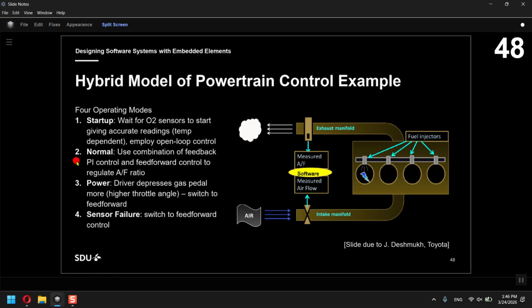So if you consider an example, a powertrain, so an engine, most of the engines are software controlled, and typically you will have different states. Typically there's a startup where you control the system a bit differently because the engine is not prepared for running, so you have to give extra oxygen and control it differently.